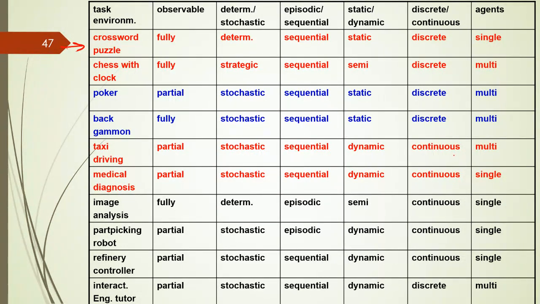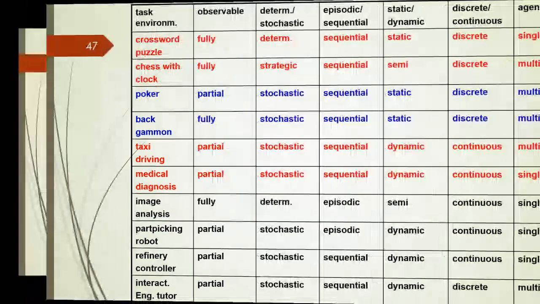And discrete or continuous, it's continuous. It's not just time steps. It's continuously changing, and it's multi-agent. There are others involved in that. Please check this. These are examples, and if there is any confusion, please come back and tell me, we can talk about it and make sure it's clear.